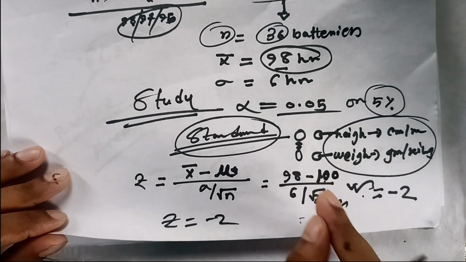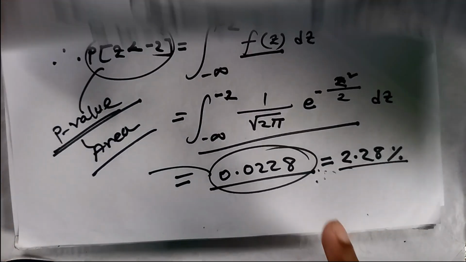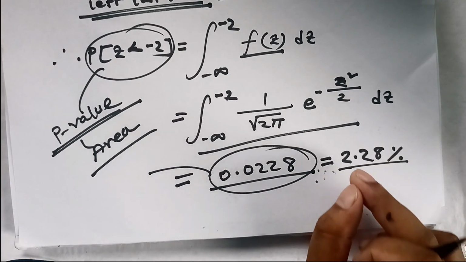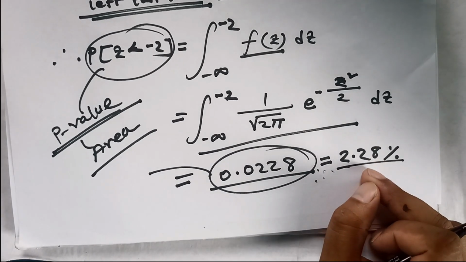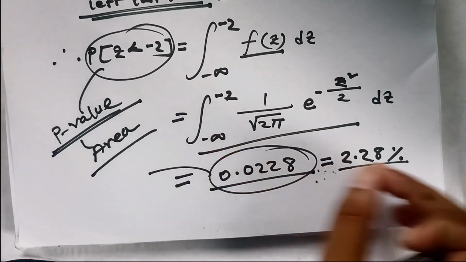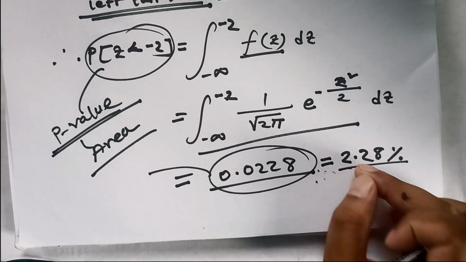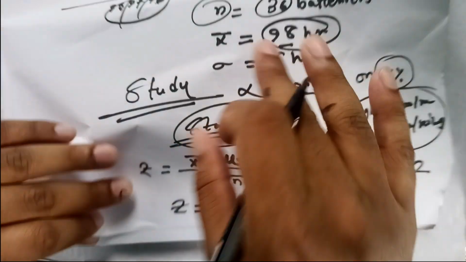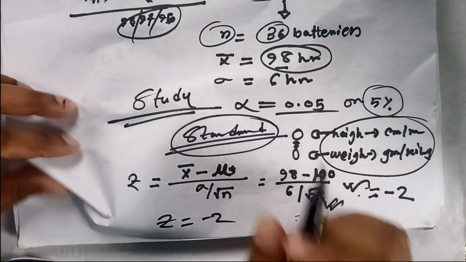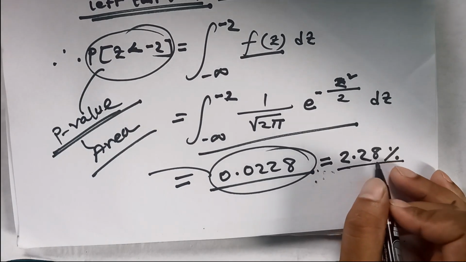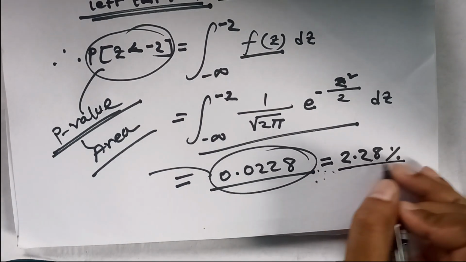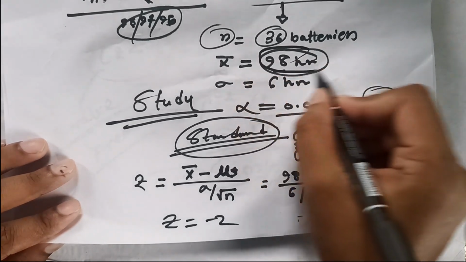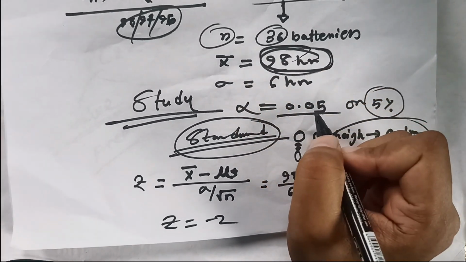Because we consider the null hypothesis true, we are getting a p-value of 2.28%, and this indicates that there could be a 2.28% random chance, or less than 2.28% chance, that we see some sample statistic of 98 hours.